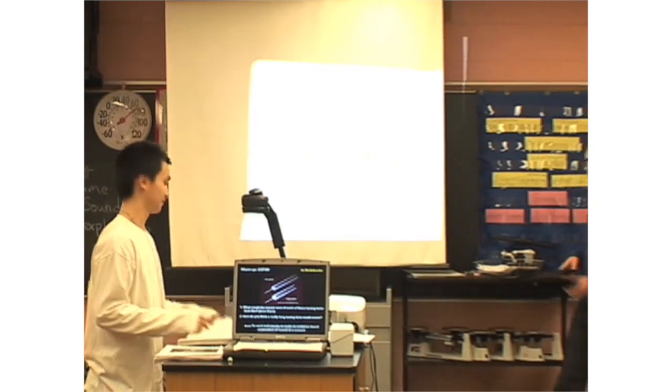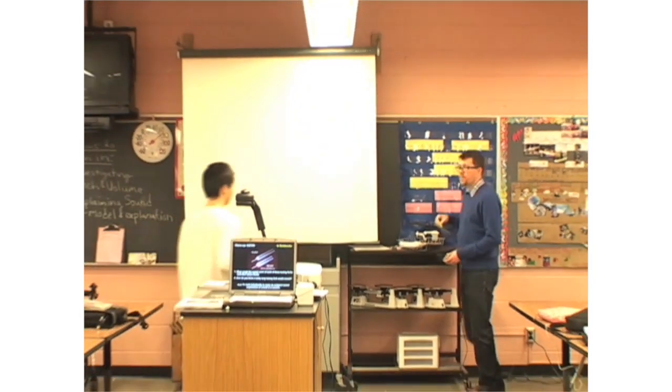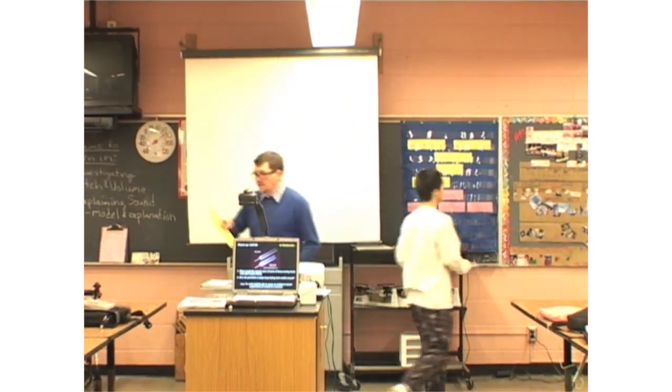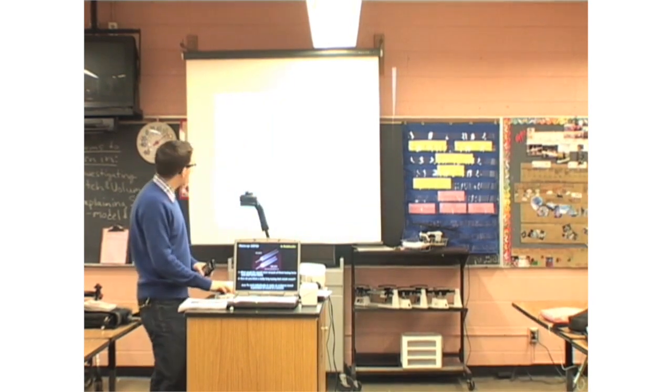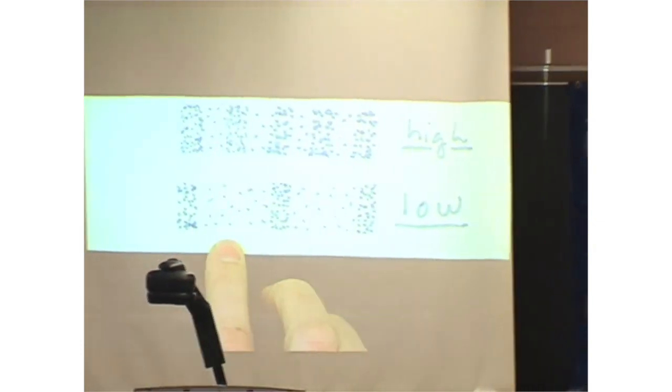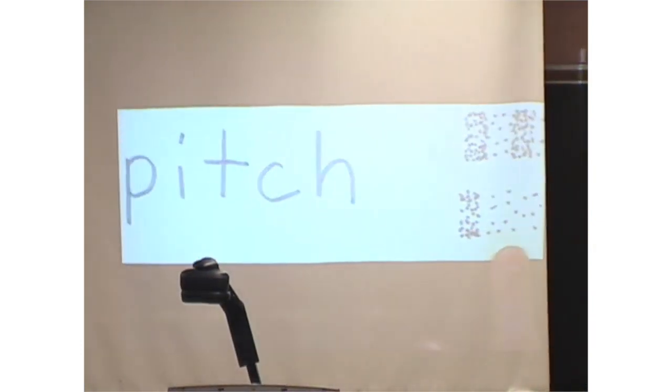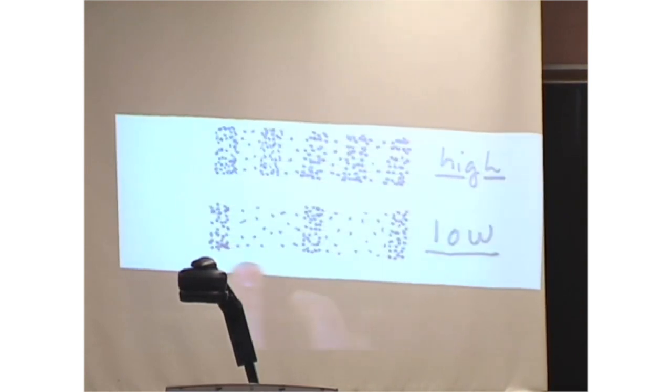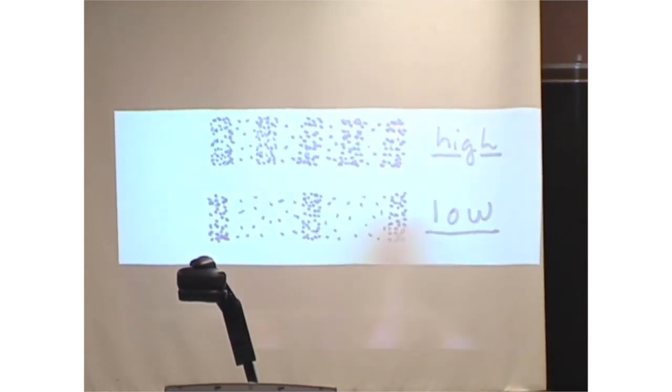No? Okay, thanks. I want to show you one thing that I saw in a couple people's drawings. This is another way of showing that same thing. Once it adjusts, you'll see what we're talking about here. If we talk about pitch, we can show high pitch and low pitch. What do you notice about the difference between high and low in this drawing?